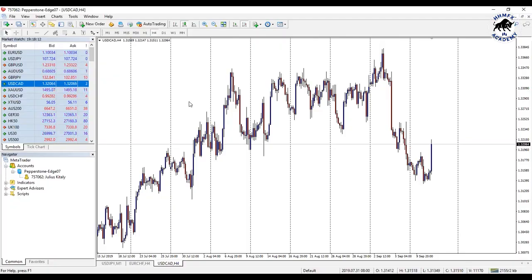It will be very clear for you to see the support and resistance zones. If we use the 1 hour time frame, you will see support and resistance, but it will have a lot of noise.